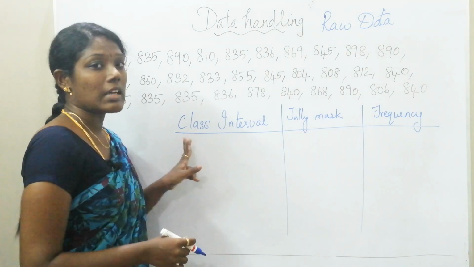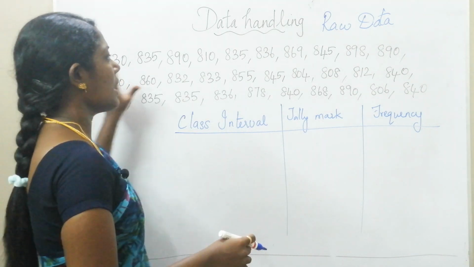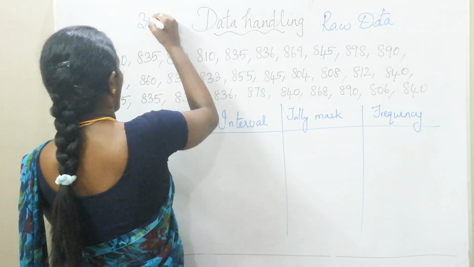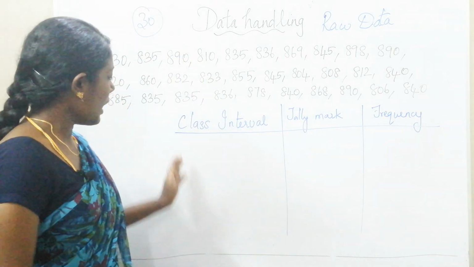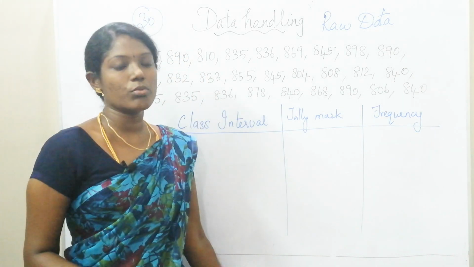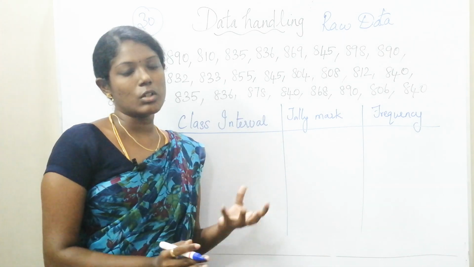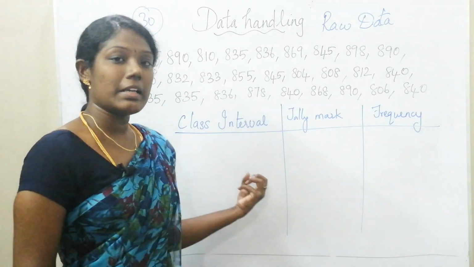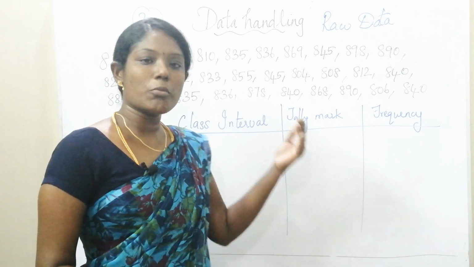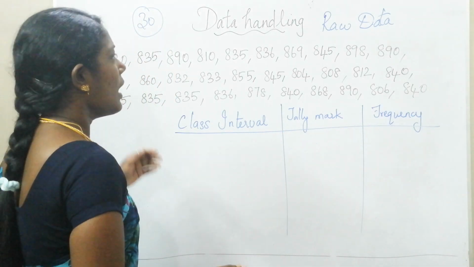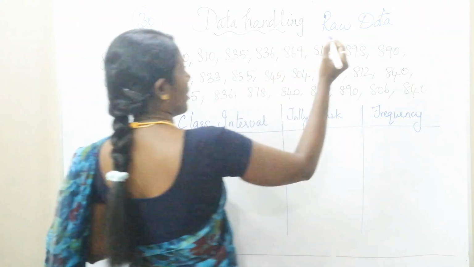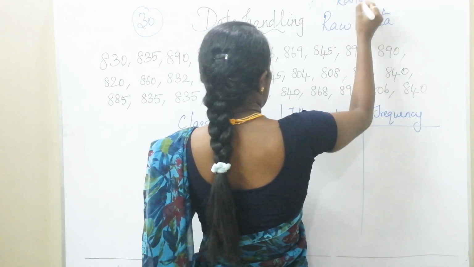So now what is class interval? See, this is unorganized data of 30 people. I can't write each and every entry down for 30 entries. So what I'm going to do is group it. I'm going to combine it into certain group limits and write those limits. For that, I'm also going to first check my range. You all know what range is, right?